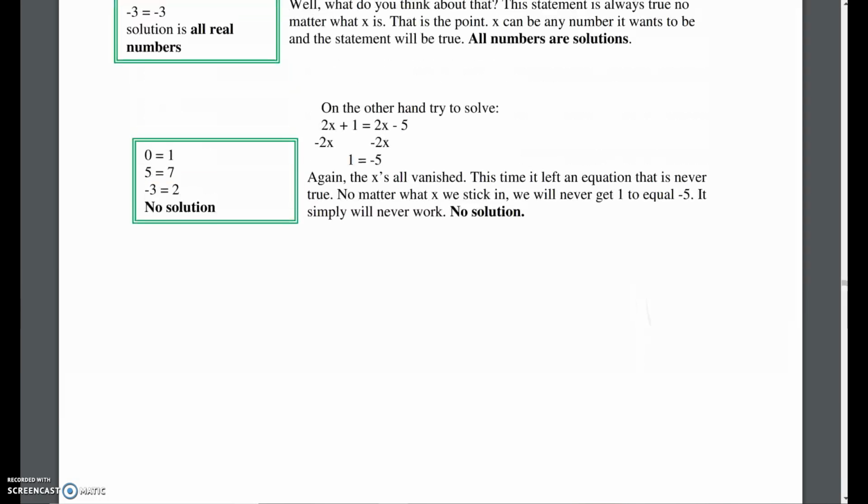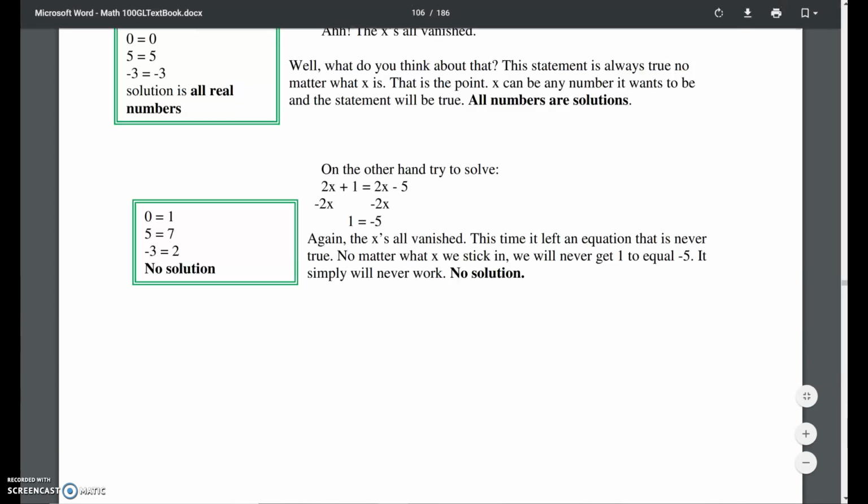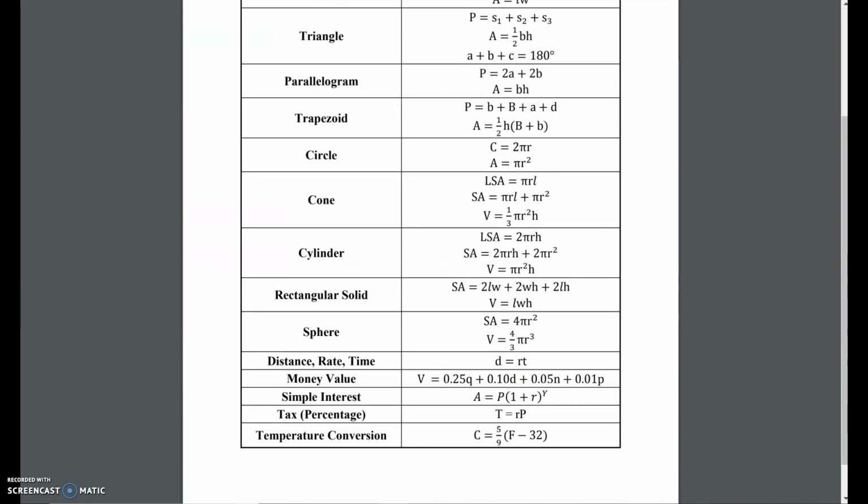All numbers are the solution for that one. And then for that third question you were asking me about, we need this page here so I can show you.